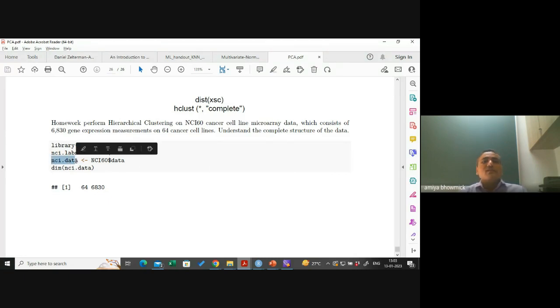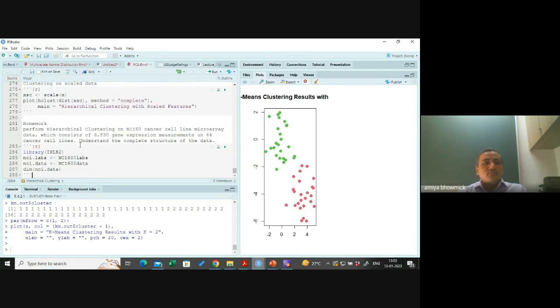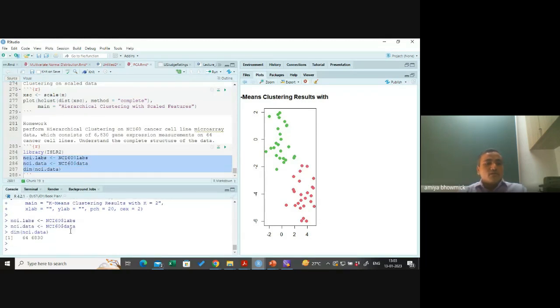This will contain the main data. If you just run it over here in the NCI data, as you observe, there are 64 rows and 6,830 gene expression data.